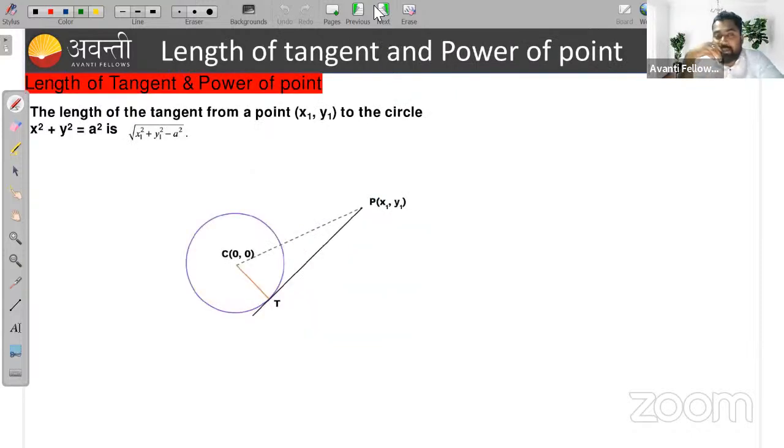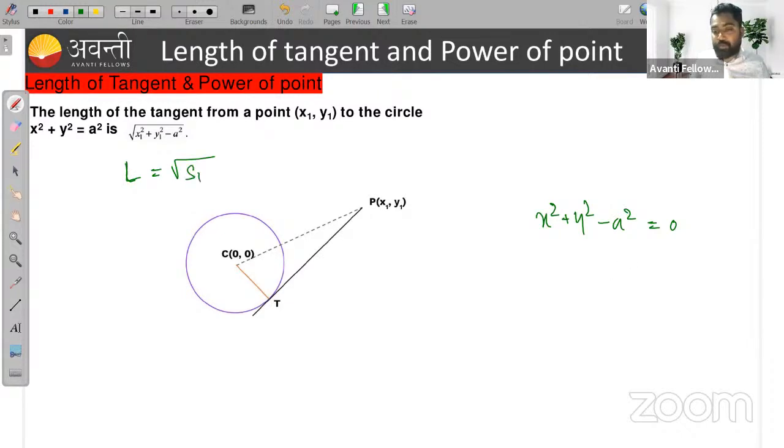Okay. So what is the length of tangent? Length of tangent and also power of point. Length of tangent is already told you. If you have the equation of circle x square plus y square minus a square is equal to 0, then the length of the tangent will be L, root of S1.